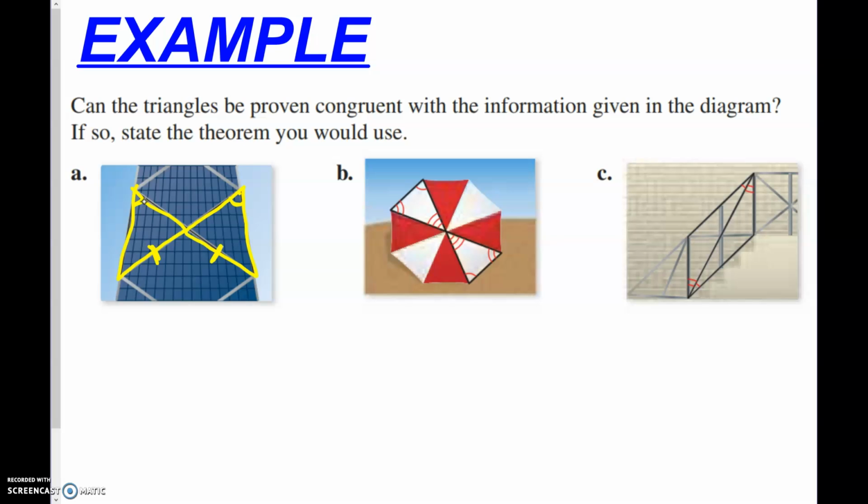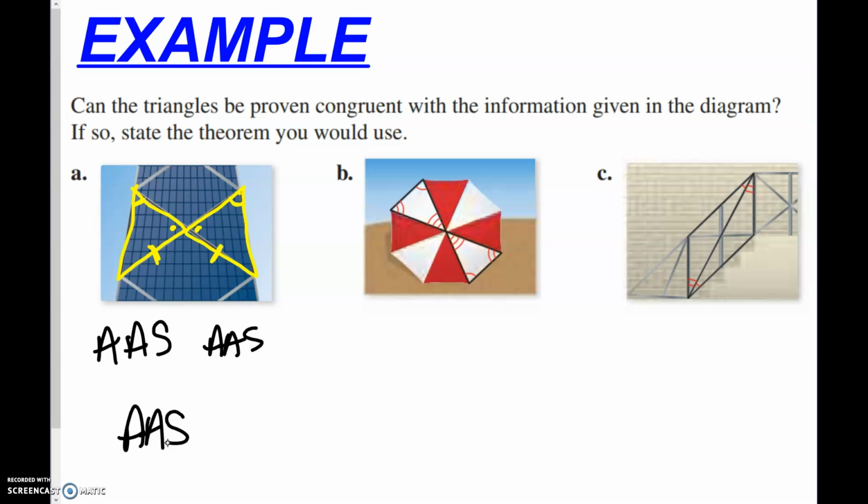Now, is there a third piece that we can get congruent? Can I get this angle congruent to that angle because they're vertical? So now what do we have? I have an angle, another angle, and then a side. And this one has angle, angle, side. So yes, these two triangles are congruent by angle, angle, side.